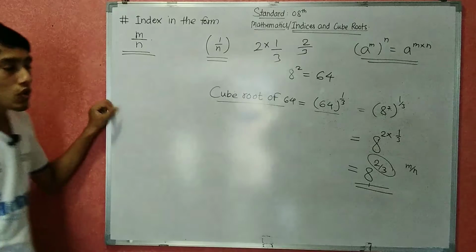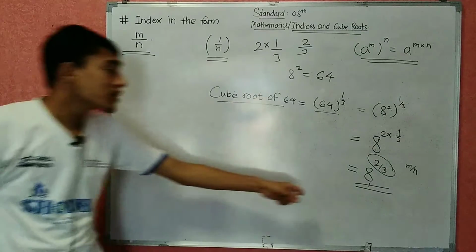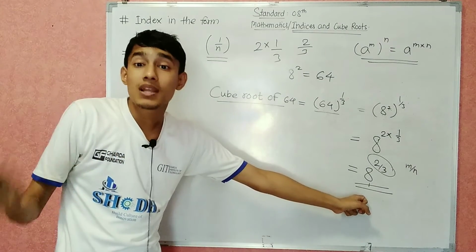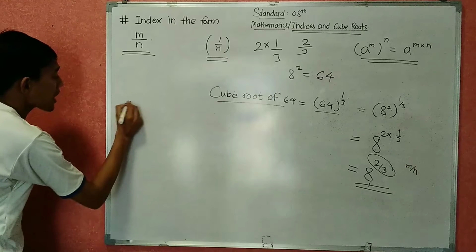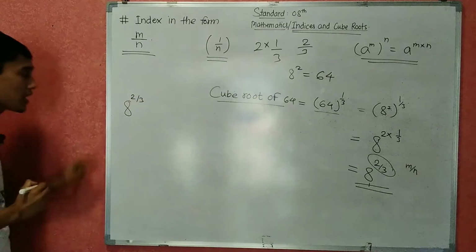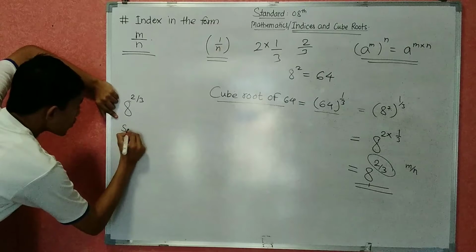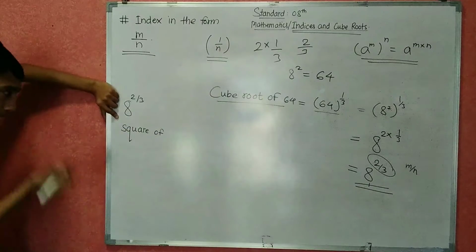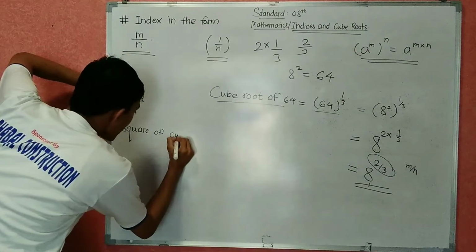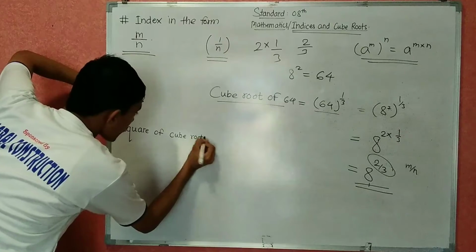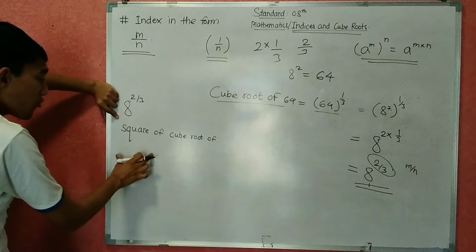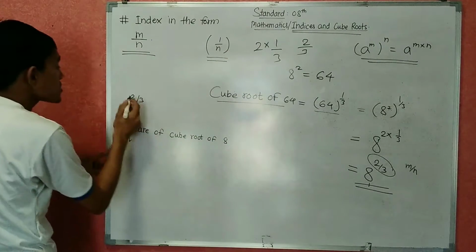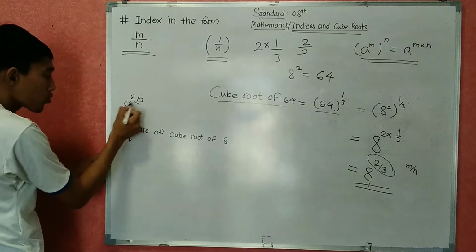Okay, so how we can write this particular index number in the word form? देखो इंडेक्स नंबर क्या है हमारा? 8 raised to 2 by 3 है. So we can write this number as square of cube root of 8, that is square of cube root of 8.